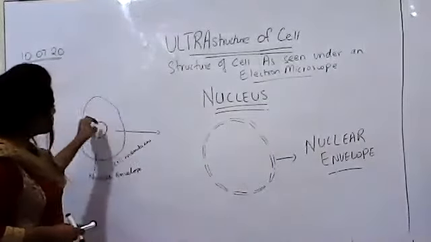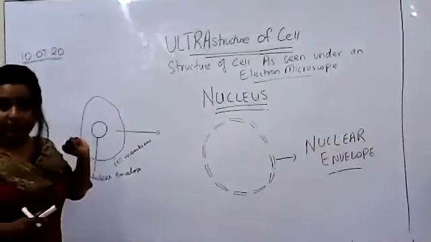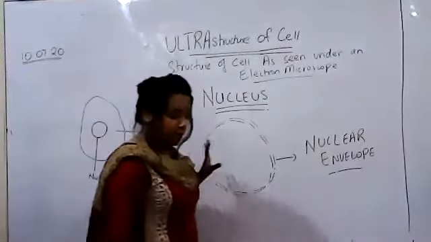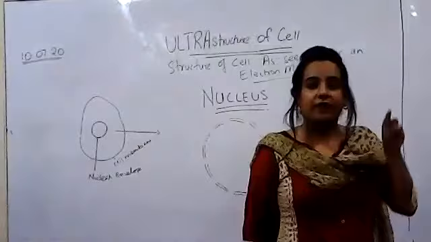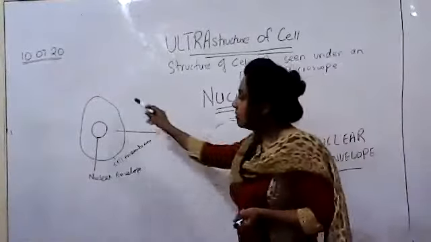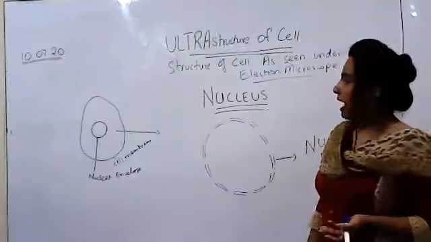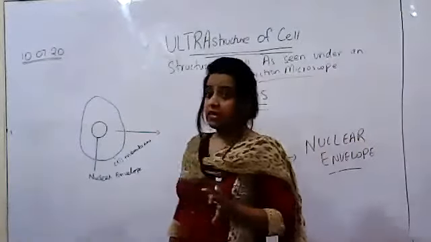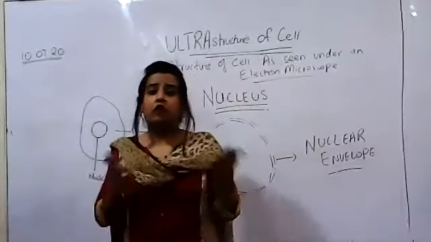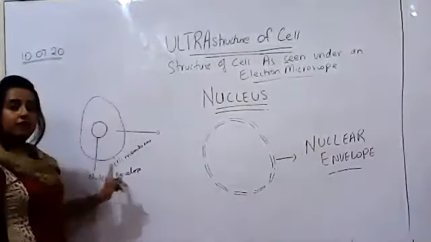Now, what does this membrane do? It separates whatever is present inside the nucleus from the cytoplasm, right? Just like the cell membrane. The cell membrane separates the cell from the environment, right? If a cell has no cell membrane, we do not have a cell. To have a cell, you need to have what? A cell membrane around it.